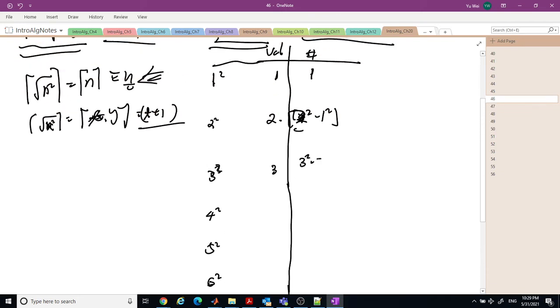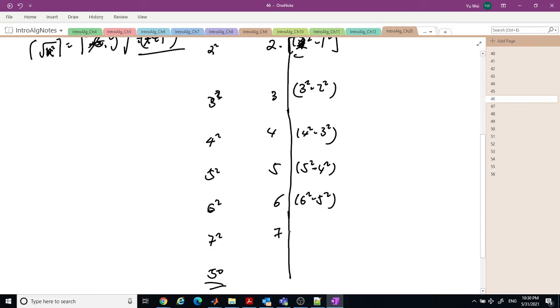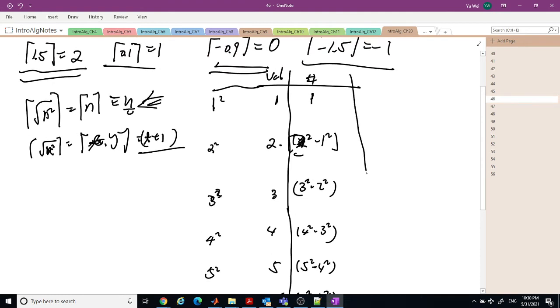I have 3 squared minus 2 squared. Here the value is 4. I have 4 squared minus 3 squared. Here the value is 5. I have 5 squared minus 4 squared. Then the value is 6. I have 6 squared minus 5 squared. Here the value is 7. I have 7 squared minus 6 squared. Here the value is 8. I only have 1.